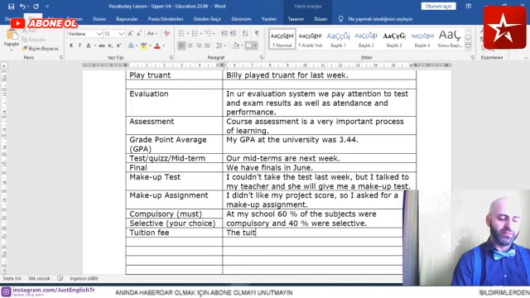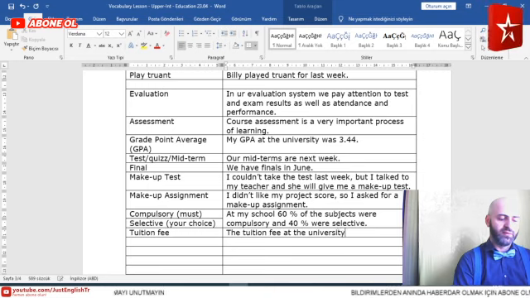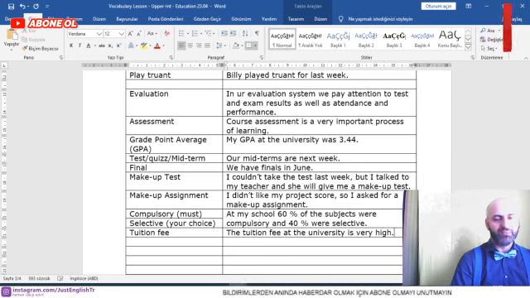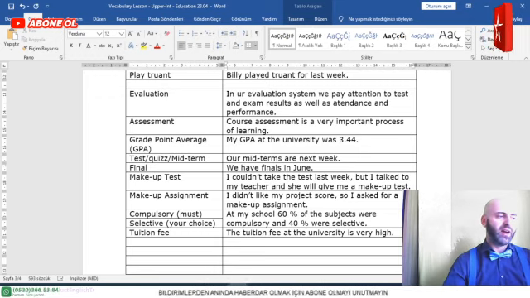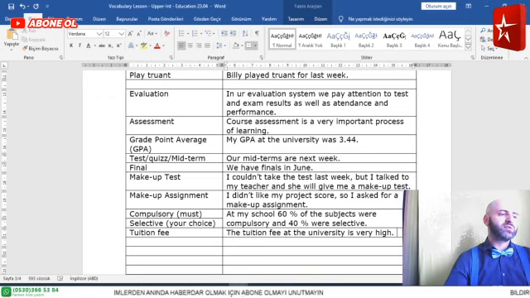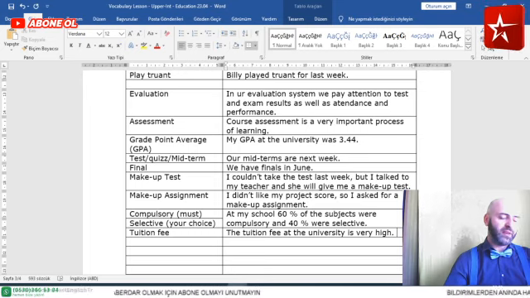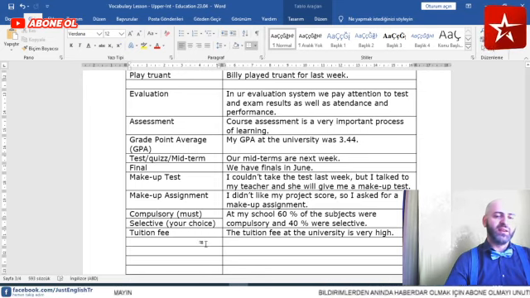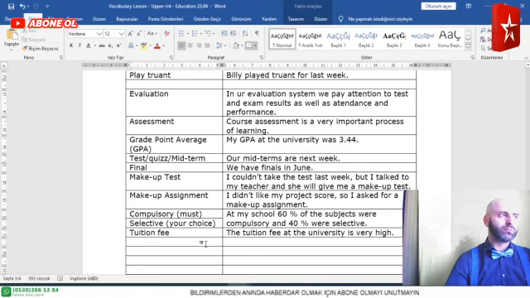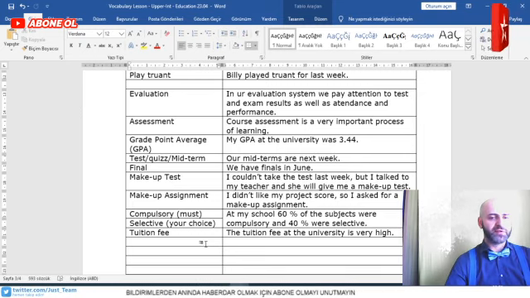The tuition fee at the university is very high. Yeah, at some universities it is very high, and students are not able to pay this. If they are not able to pay this, they can maybe apply for a scholarship. We have two different kinds of scholarship.